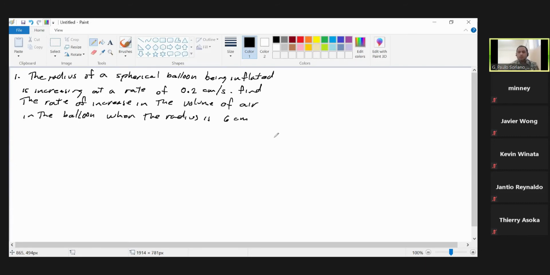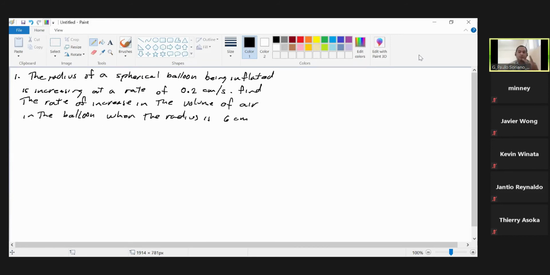As the balloon becomes bigger, obviously the radius is going to be longer. And it's not only the radius that becomes longer. As air is being filled into the balloon, the volume of air it contains is also becoming bigger.